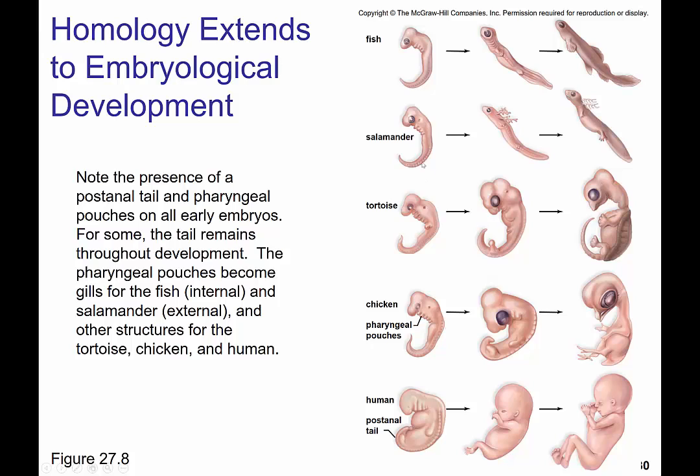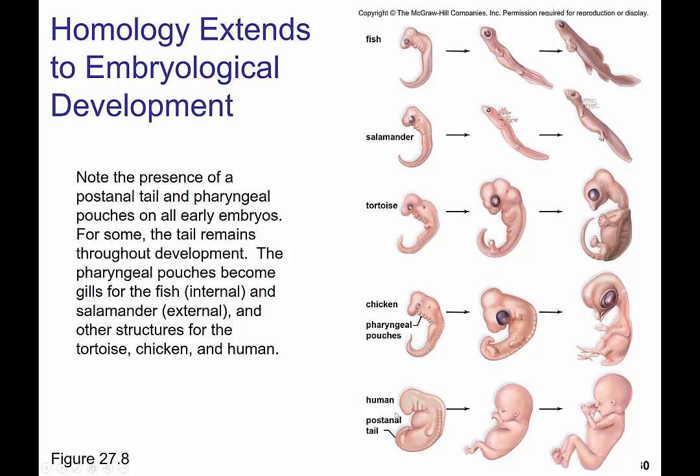So this is a tail that comes after the anus, right? So in all of these creatures, for the human, chicken, tortoise, salamander, and fish, we can see how that post-anal tail either remains with the animal or via apoptosis is done away with throughout development.